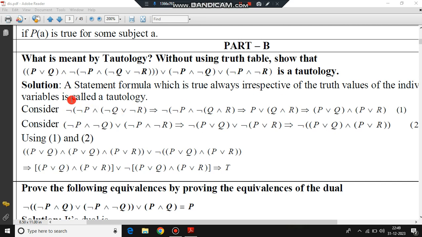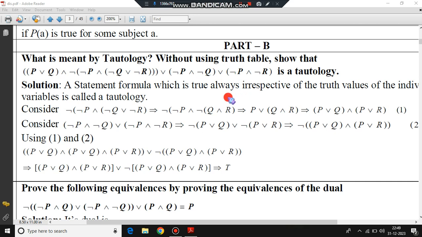Now, to answer the first question, what is meant by tautology? A statement formula which is always true, irrespective of the truth values of the individual variables, is called a tautology. Whatever may be the combination of the individual variables, the final result is always true, and that is called tautology.